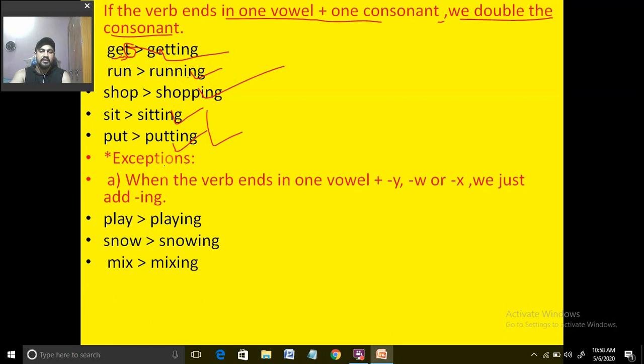Then exceptions are there when the verb ends in one vowel plus w, x or y. Then we just add ing. You see, play, playing; snow, snowing; mix, mixing. Remember that.